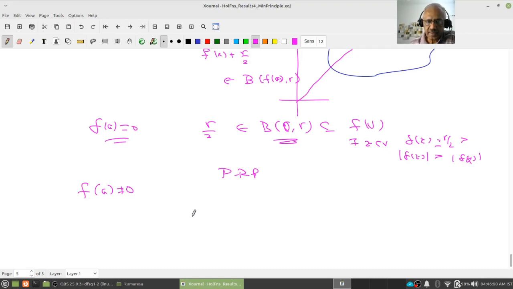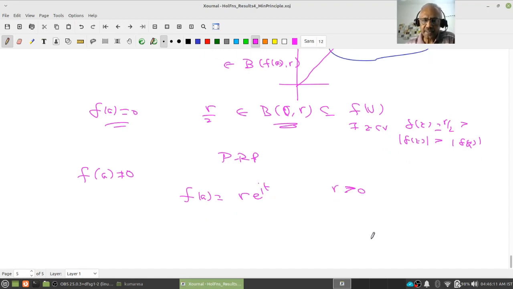Now let us write f of a equal to R e power i t, where R is positive. Now consider R plus R by 2 times e power i t.